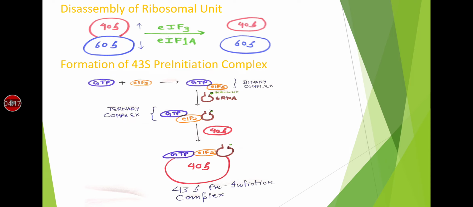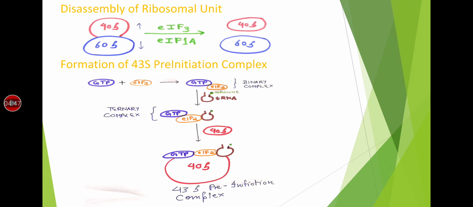Moving on, the next step is the formation of 43S pre-initiation complex. From the flowchart, we can very well perceive what exactly happens in this step. So to begin with, GTP binds with an initiation factor, eIF2, and forms a binary complex. Now to this binary complex, an initiator tRNA, which carries methionine as an amino acid, binds, which leads to the formation of a ternary complex.